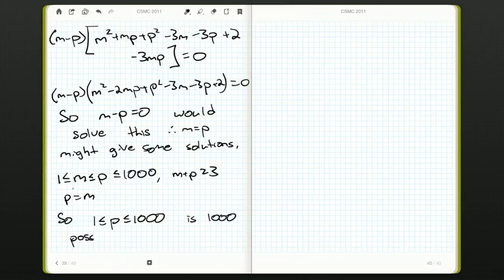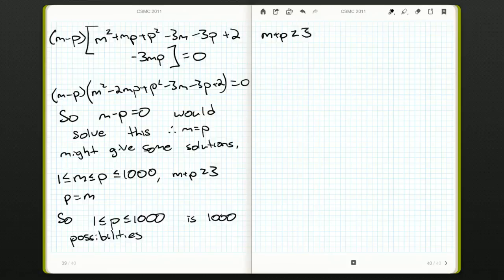So combining these two, I can just say 1 is less than or equal to p is less than or equal to 1,000. And since we know p is equal to m, then we know what the value of m is. So that simplifies those two. Now how many of these p values solve this?